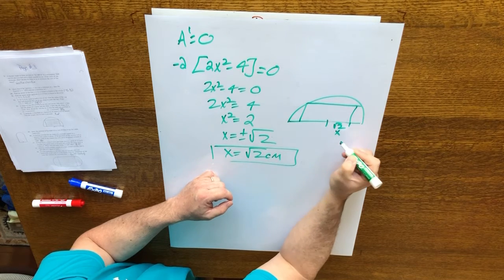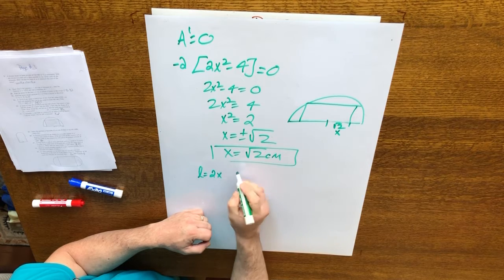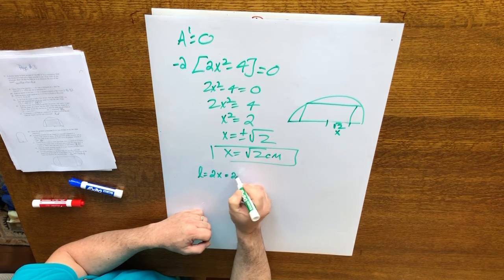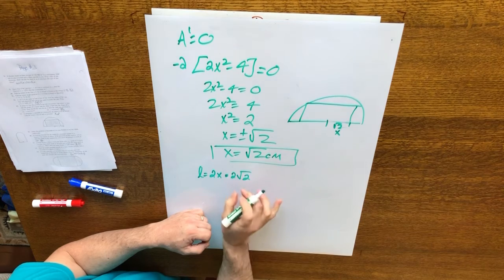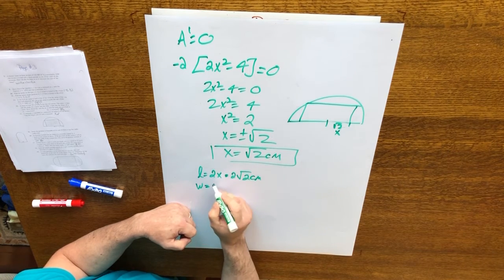That is this distance right here. So the dimensions are going to be: the length is 2x, which is 2 times root 2, because we just decided x was root 2, and the width, which was y.